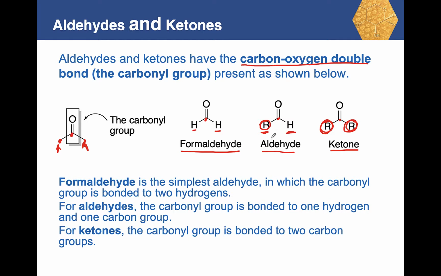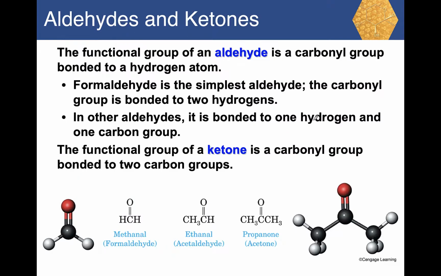So as a summary, an aldehyde has the carbon-oxygen double bond. It has one carbon-containing alkyl group and one hydrogen. The ketone has the carbonyl or the carbon-oxygen double bond. It has one and two alkyl or carbon-containing alkyl groups bonded to that carbon of the carbonyl. So here's another way of looking at it.